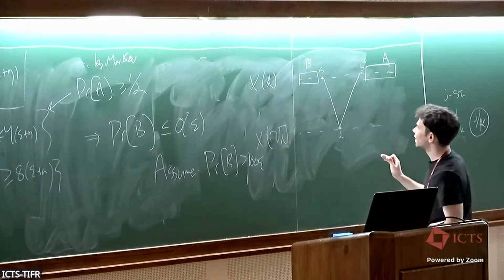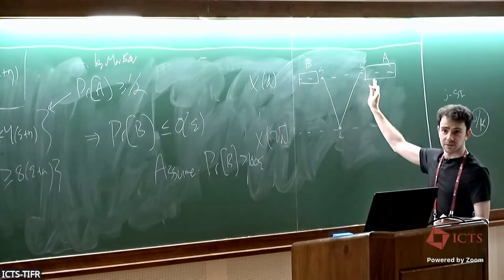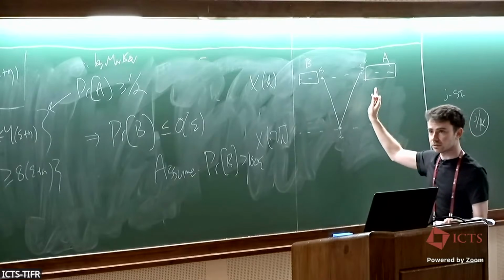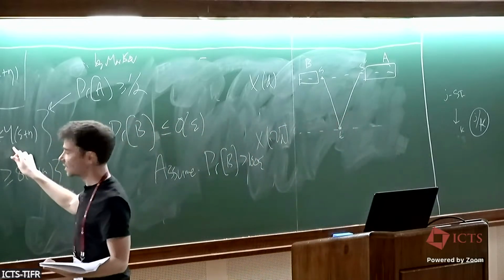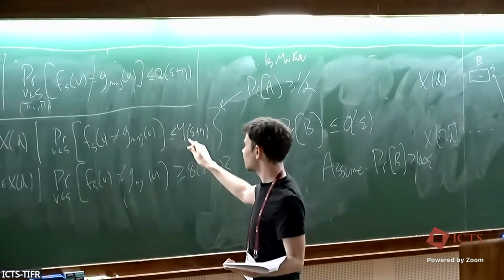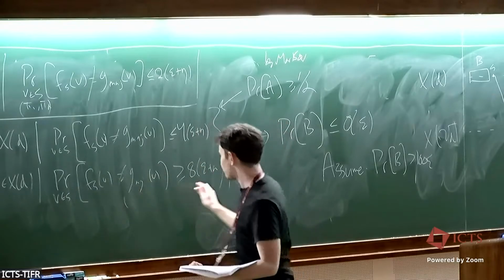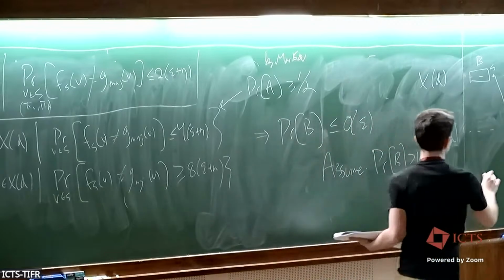Well, let me note that if S lands in B and S prime lands in A, then I claim that my test should reject with high probability. Why? Because sets in A mostly agree with the majority, right? The only guys that disagree with the majority are some small 4 epsilon plus eta fraction. On B, there's a much larger subset of guys that disagree with the majority, right? But how am I generating T?